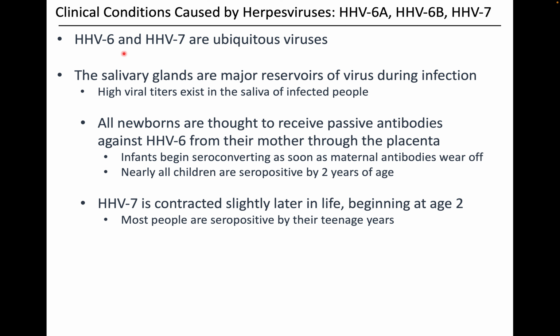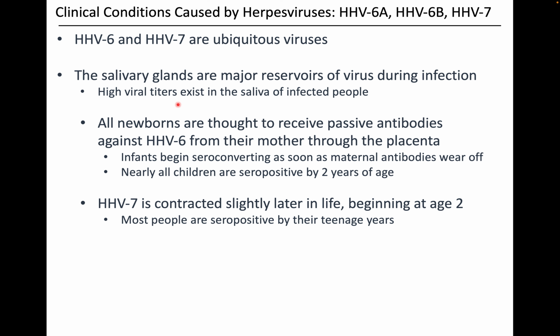You saw the seroprevalence in that chart, but 6 and 7 are considered to be ubiquitous. Pretty much everybody's infected with these. Salivary glands are a key reservoir during infection. You get very high viral titers in saliva, so it's just very easily transmitted.